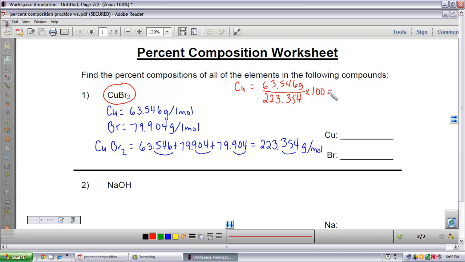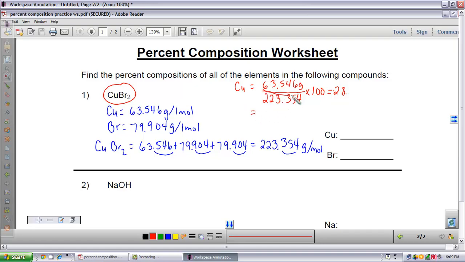Okay, so if you put that in your calculator, 63.546 divided by 223.354, and you multiply it by 100, you're going to get 28.45, and you just keep going on and on, 28.45 something.